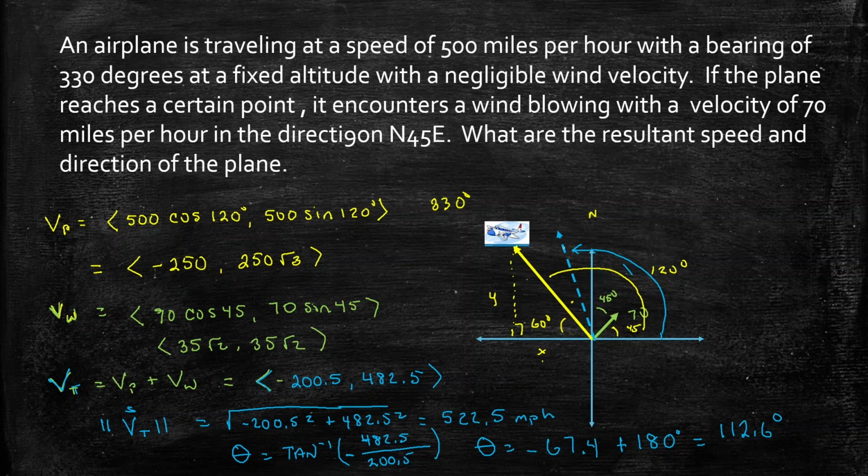If this is 0, 90 degrees minus this would be 22.6. And so 360 minus 22.6 gives me a heading of 337.4 degrees.